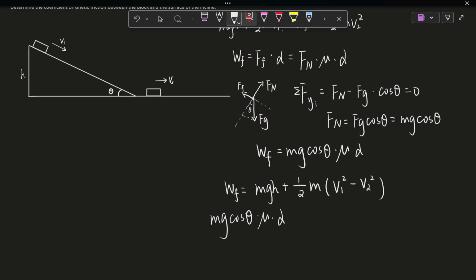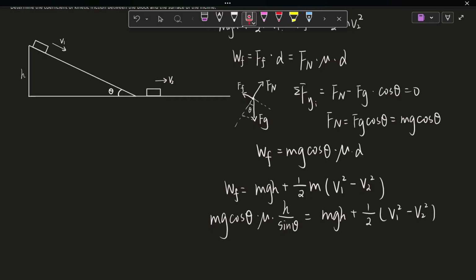d is the distance it travels along the incline. So this is h, right? The distance it travels would just be h over sine theta. And that's equal to mgh plus 1 half m times v1 squared minus v2 squared.